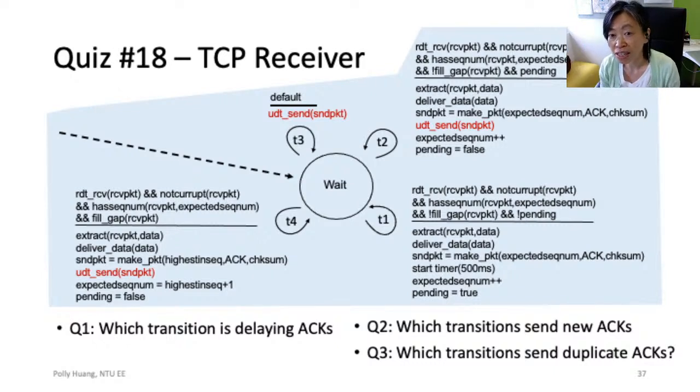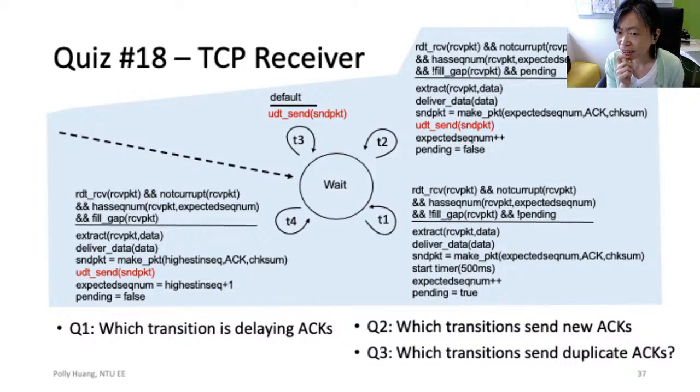Now let's focus on T1, the first transition. The condition is when we receive a packet, rdt_rcv, it's not corrupted, and it has the sequence number that we're expecting. Good. But there are actually more conditions we're checking now. First, if the packet does not fill a gap, and if there's no pending packet to send an ACK for, then we do the following: extract data, deliver the data, generate the ACK packet.